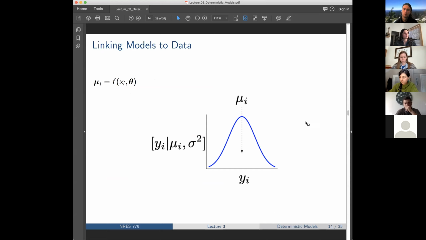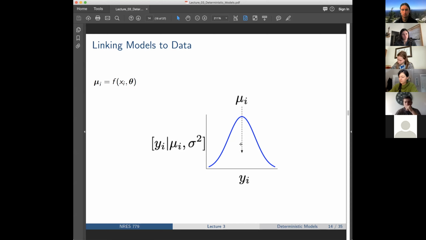So we talked about the notation here, where the square bracket represents the probability distribution of y, and then the vertical line means conditional on our parameters. So mu is a parameter that describes the mean, and sigma squared describes the spread of that distribution.